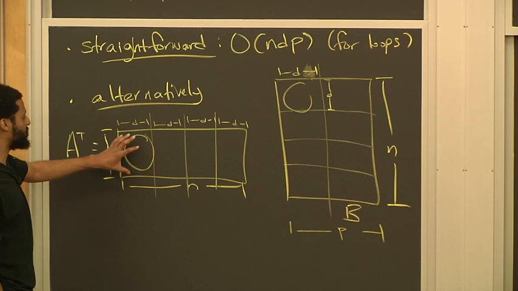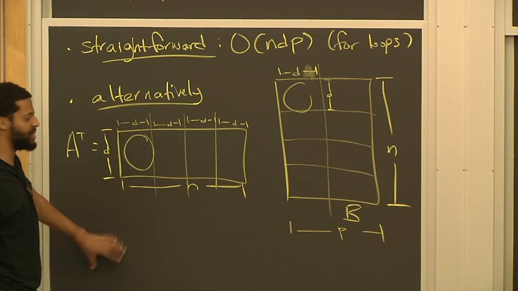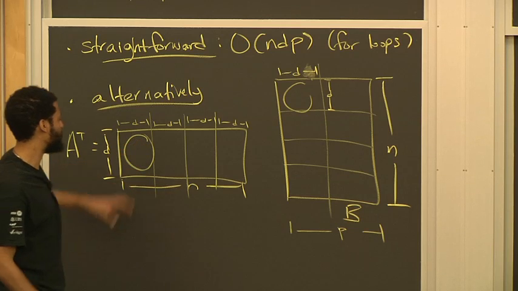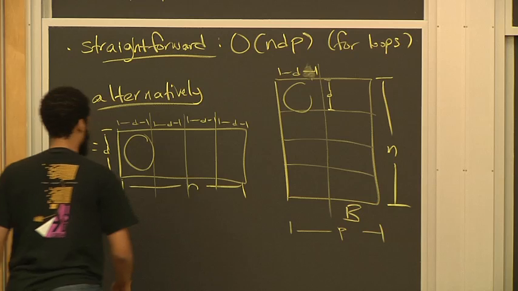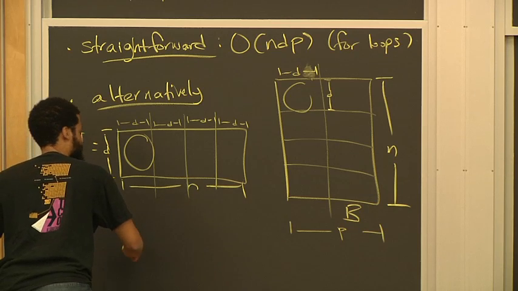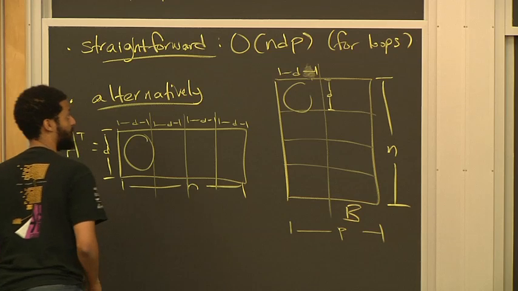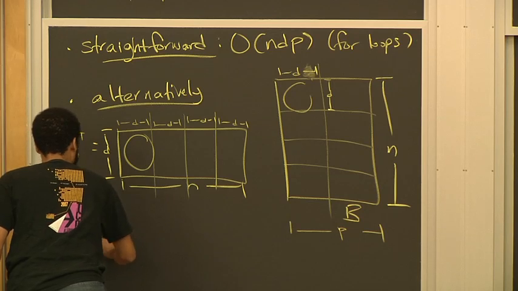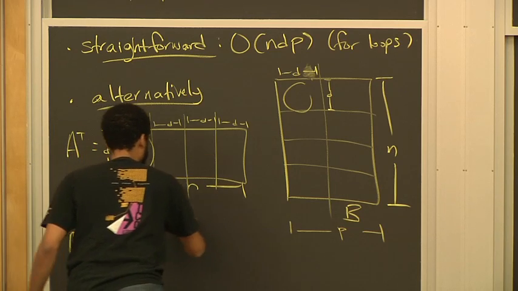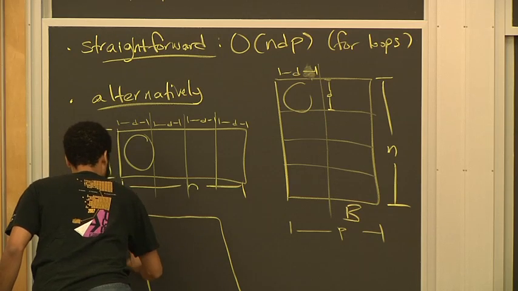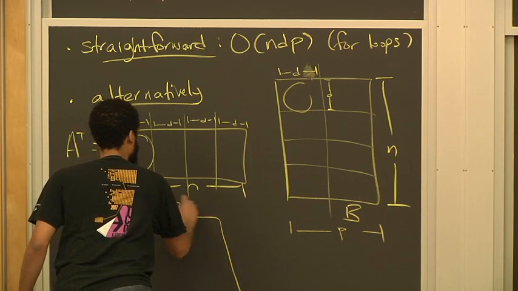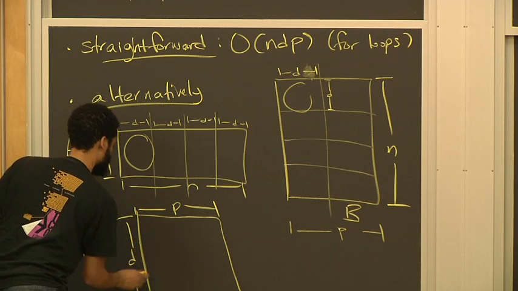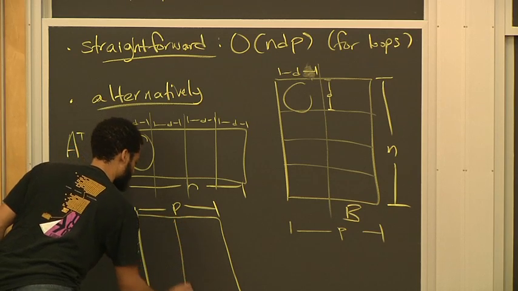you can break up the output matrix into d by d blocks, and each block is a sum of products. The output matrix would be d by p, and you can break that up into blocks that are d by d.